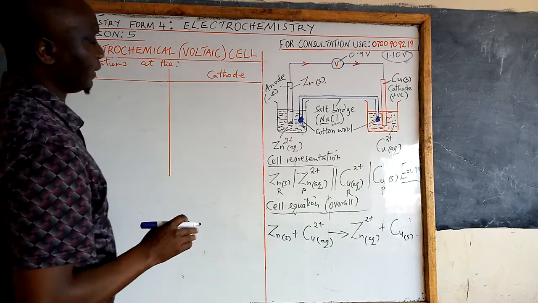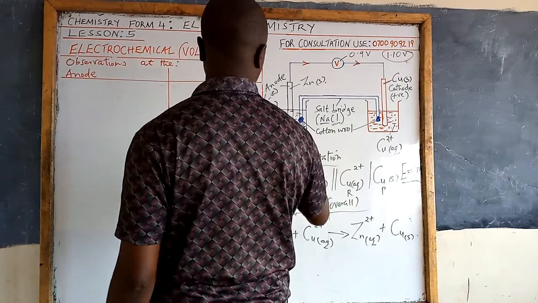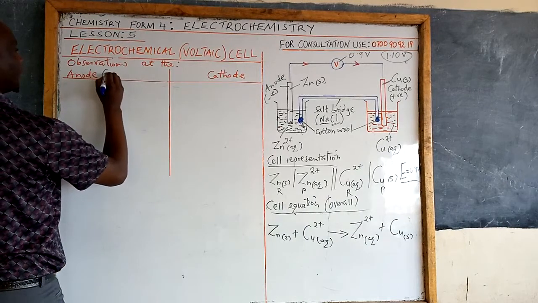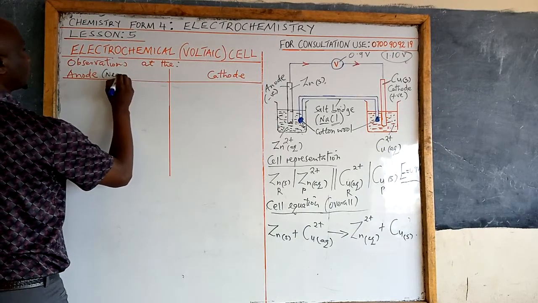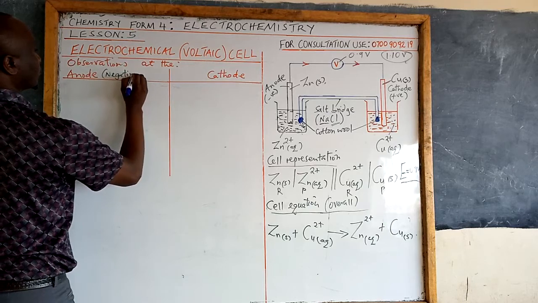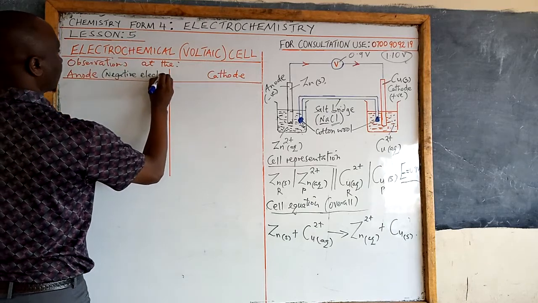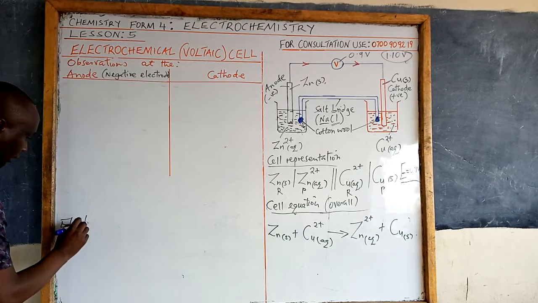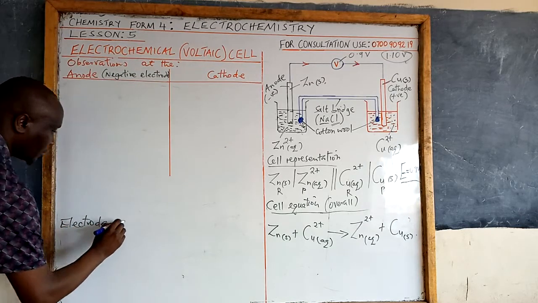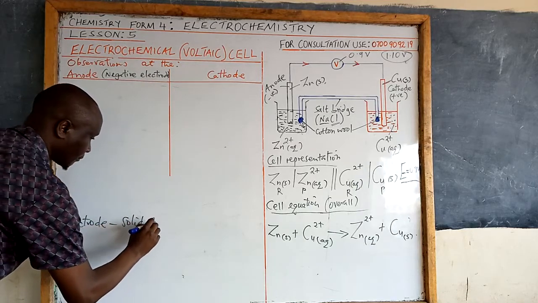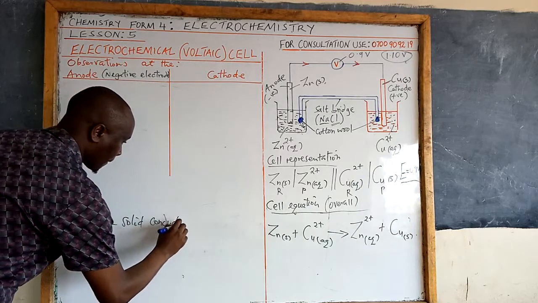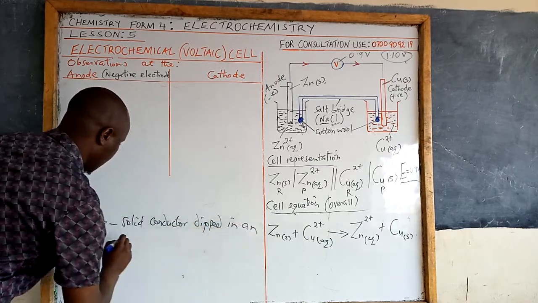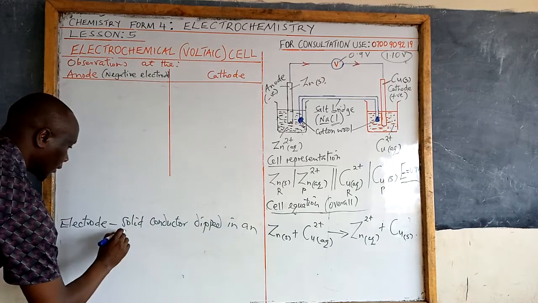So at the anode, this is the negative electrode. An electrode, by definition, is a solid conductor dipped in an electrolyte.